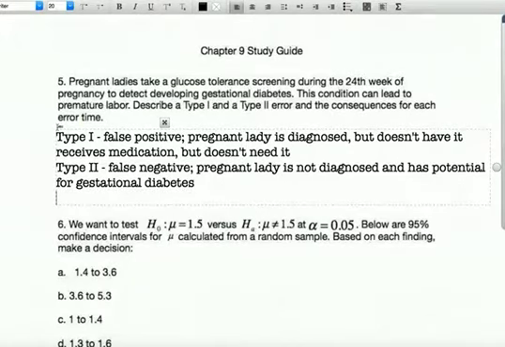And so this person is going to not receive needed medication. And of course, looking at these two types of errors, type 2 is obviously going to be the one that is the most harmful.